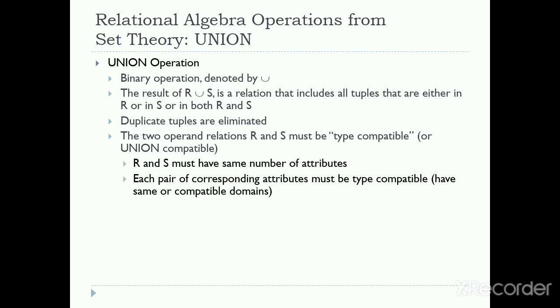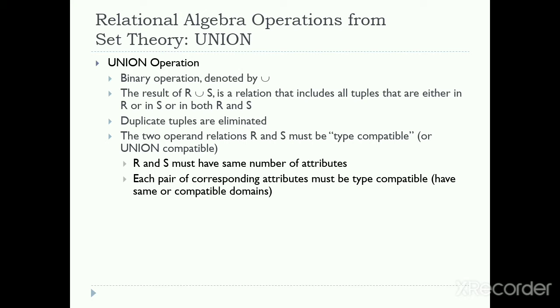Now the union operation is a binary operation denoted by the letter U, and you already know what a binary operation means because it is a concept you study in set theory. The same thing applies here also.